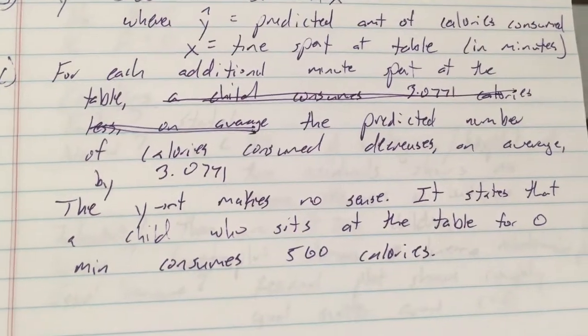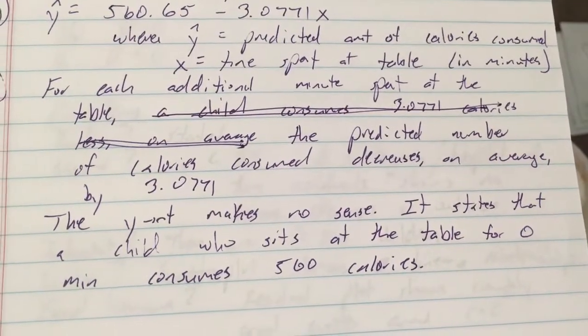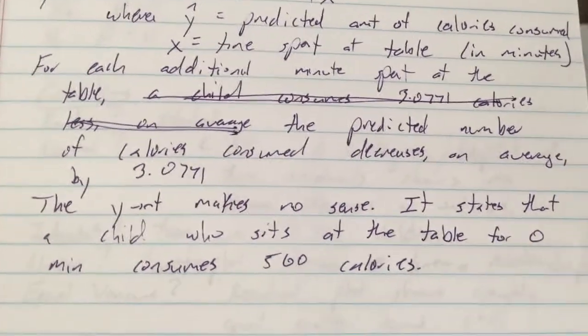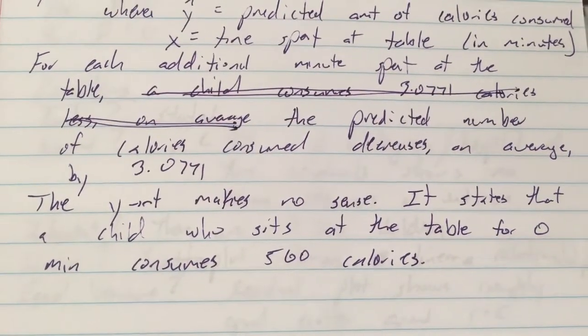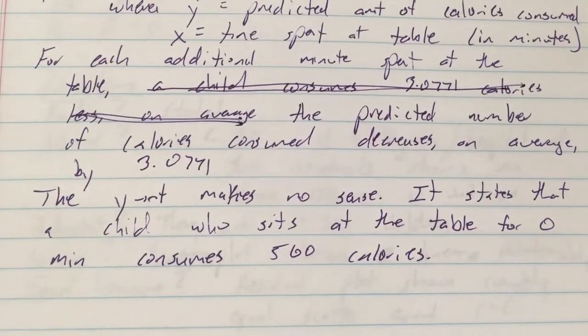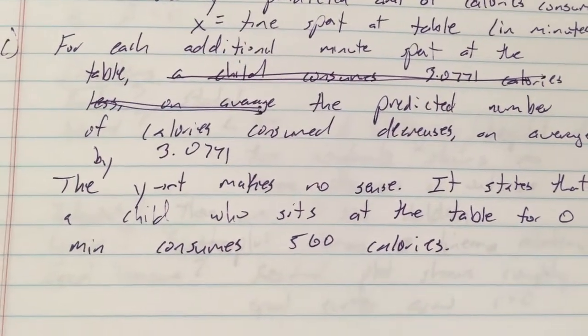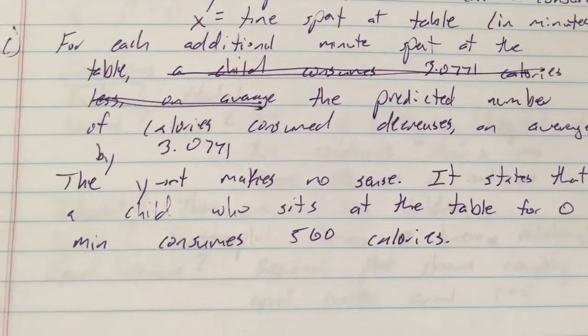And it asks about the y-intercept. Does the y-intercept make sense in this problem? Most of the time, remember, the y-intercept does not make sense because usually we do not have data for an x value of 0. And definitely we do not have data here since our chart, as you can see, starts at 20 minutes.